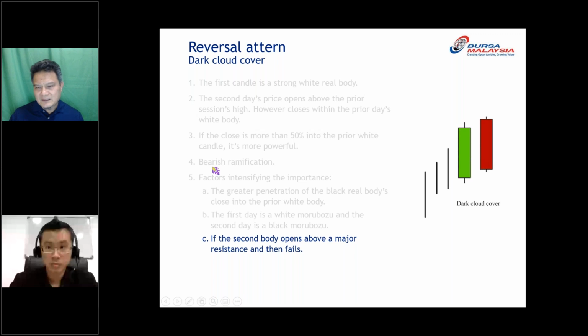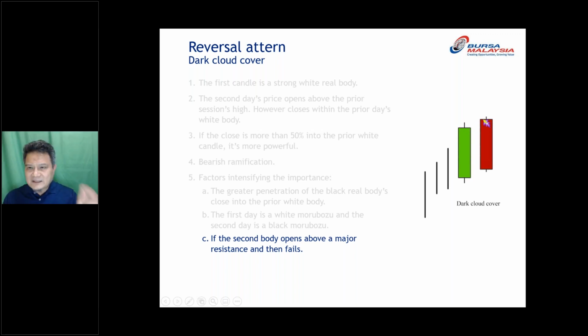For example, like in here, let's say that yesterday or the first candle, for example, you see, and then let's say now this is a resistance. And after that it opened higher than the resistance.